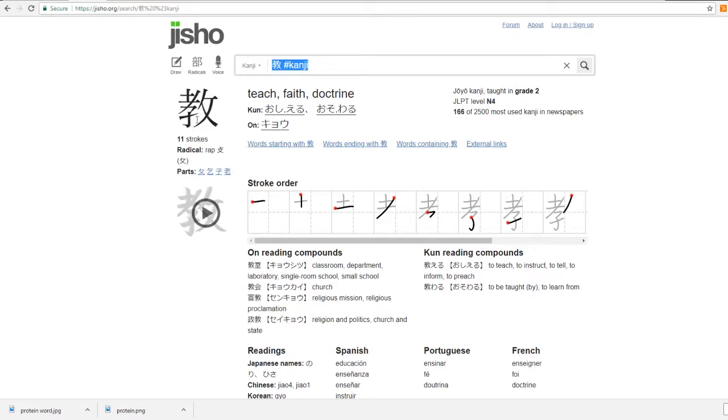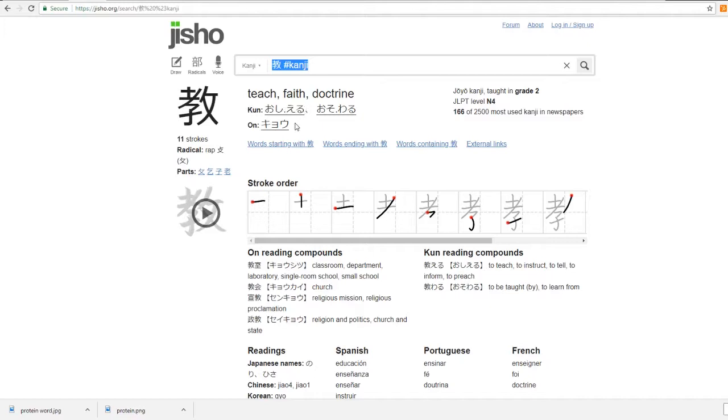Next one we're going to look at is teach, or faith, or doctrine. It's going to have the kanji on the left here. We're going to look at that at another time, but that's the one for filial piety, which means basically like child's respect. And the other one on the right is hit. So if you think of like traditional old age education, spare the rod, spoil the child, striking, and child's respect were like the two cornerstones of early education.